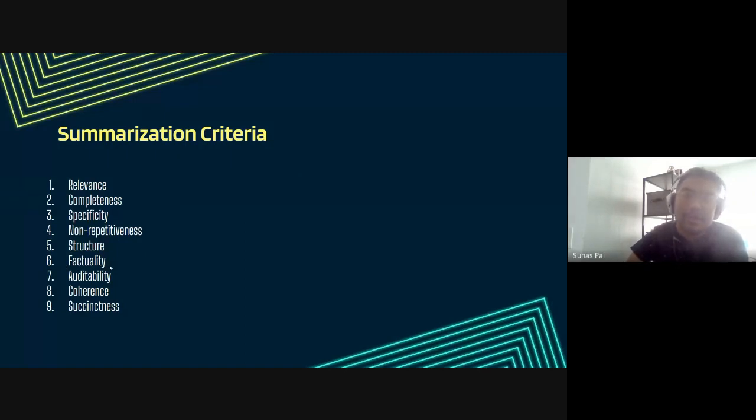You can optimize for non-repetitiveness, but lose completeness in the meanwhile, and so on. So there are so many of these dimensions.